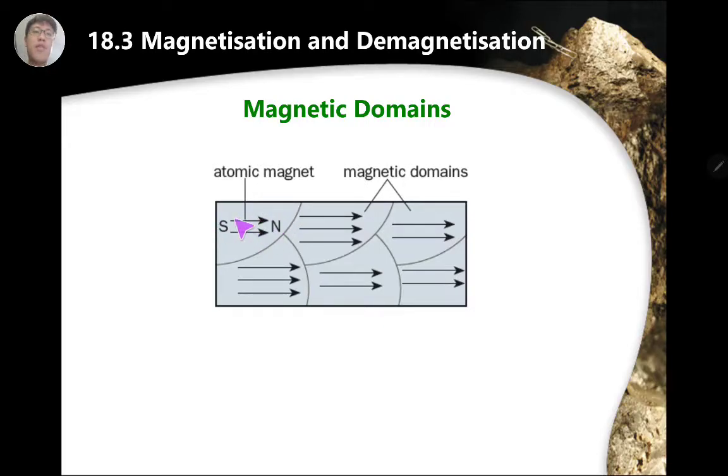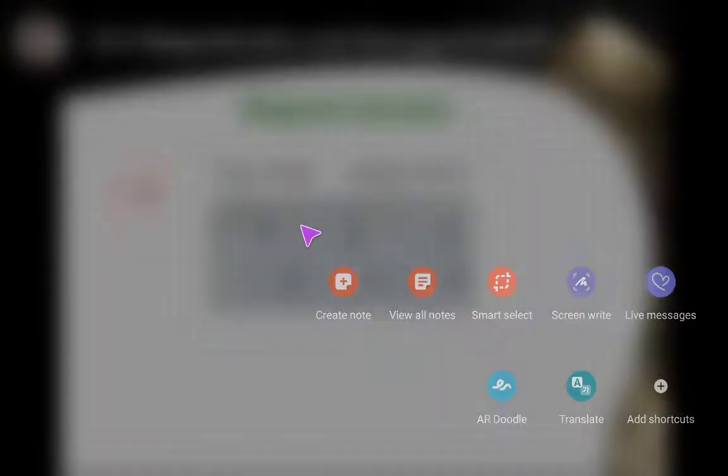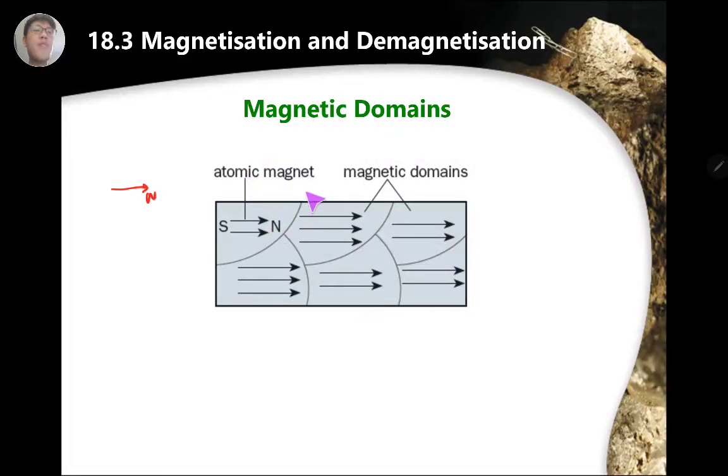Let's represent the magnet with an arrow, with the arrowhead being north. Whenever you see these arrows saying this is a magnet, the arrowhead is always north. These little atomic magnets, a few of them happen to be pointing in the same direction, in clusters, and these clusters we call magnetic domains.